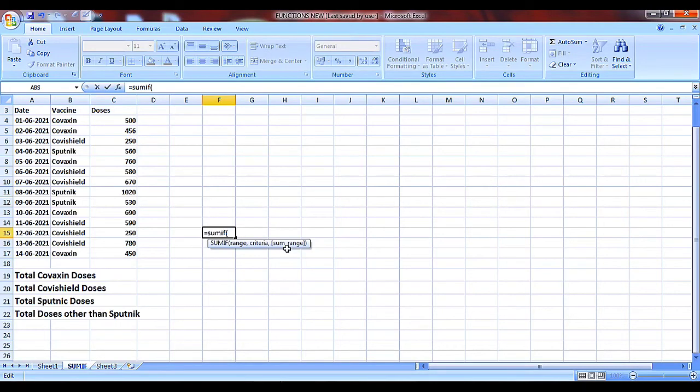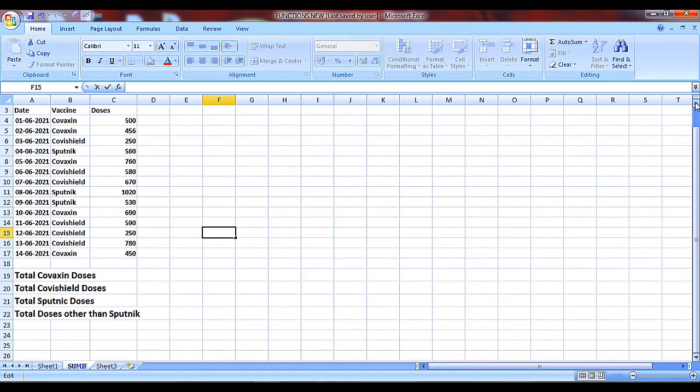Sum_range are the actual cells to add if their corresponding cells in the range match criteria. If sum_range is omitted, the cells in the range are both evaluated by criteria and added if they match criteria. Now let us see this function with some examples.